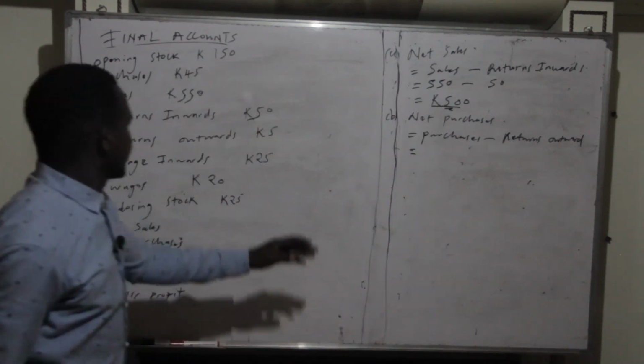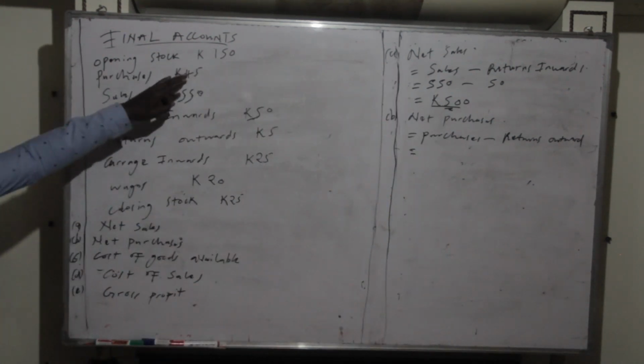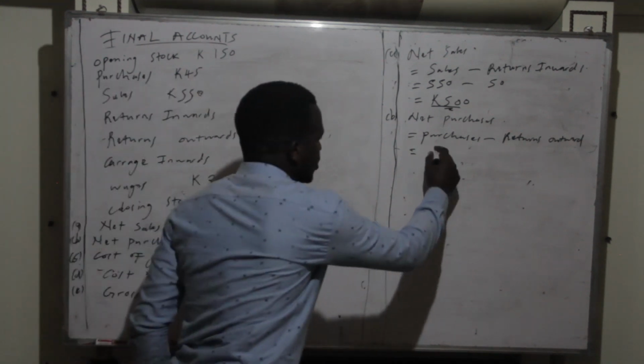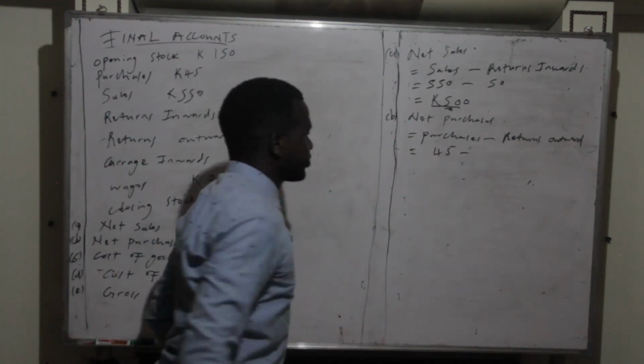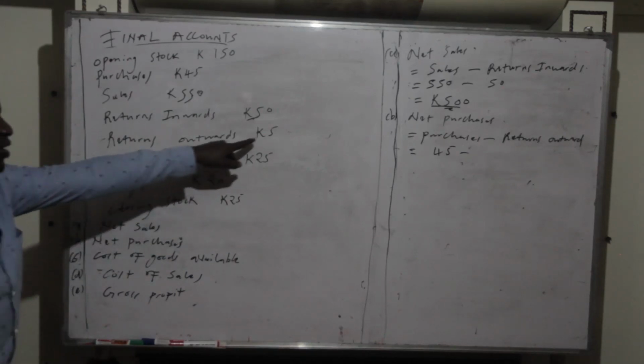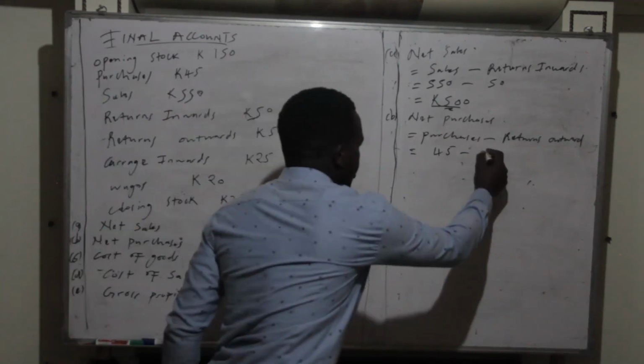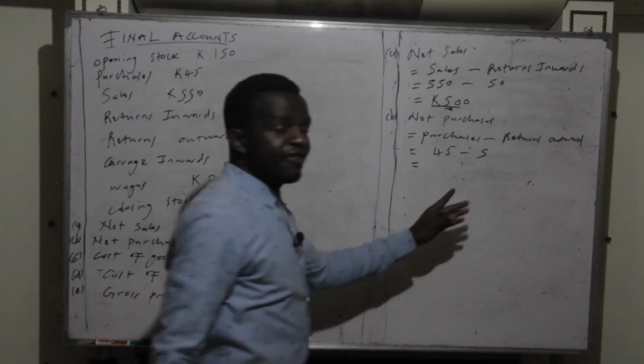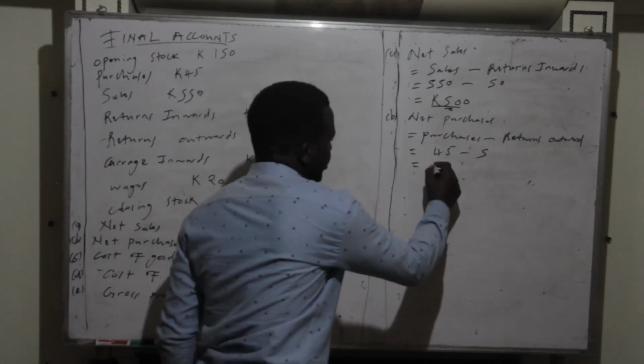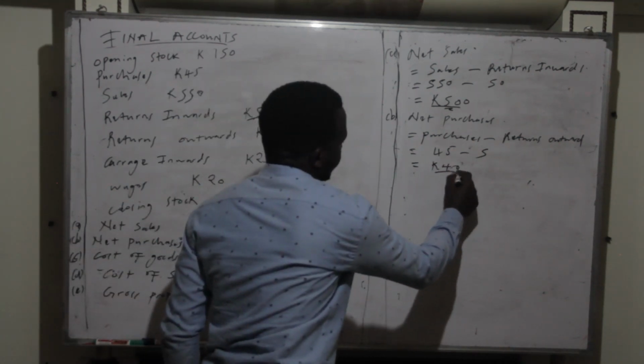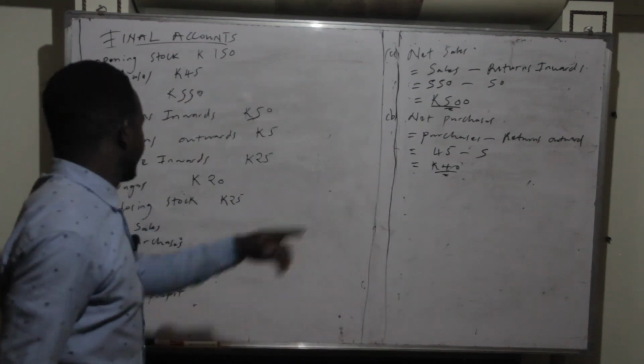And purchases, what do we have? Purchases, we have 45 there. So say 45 minus returns outwards. Returns outwards, we have 5 kwacha. So if we say 45 minus 5, we're going to have 40 kwacha. So that's going to be our net purchases.